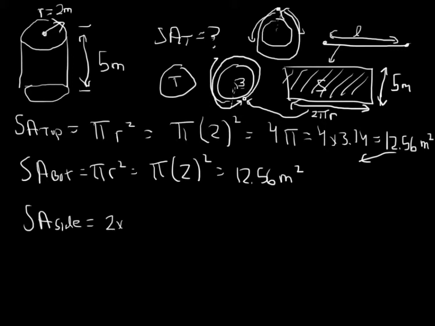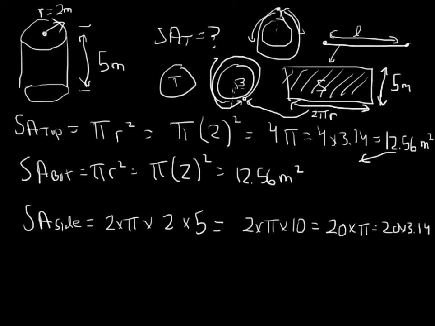Length is 2 times pi times the radius, and the width, which we labeled here as height, is 5 meters. So it's 2 times pi times 10, or 20 times pi, 20 times 3.14.